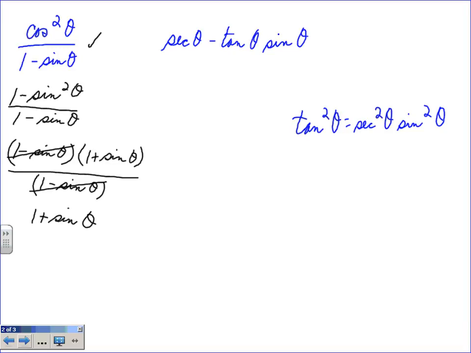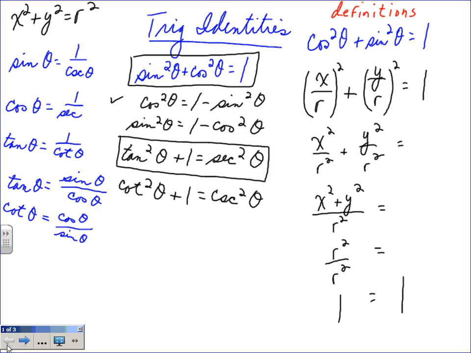Remember what I said. Everything can be turned into sines and cosines. And I'm going to write that one in terms of cosine. Right now it's in terms of secant, tangent, sine. Go back to your notes. Go back to this first column over here. First column and second column. Page 903, it's all there.